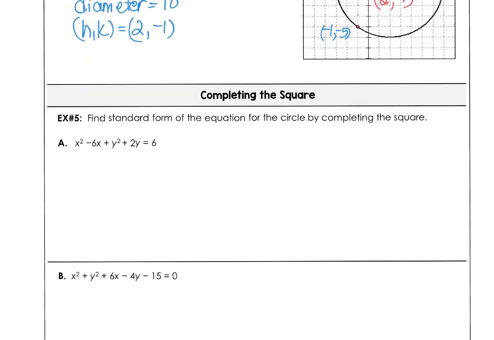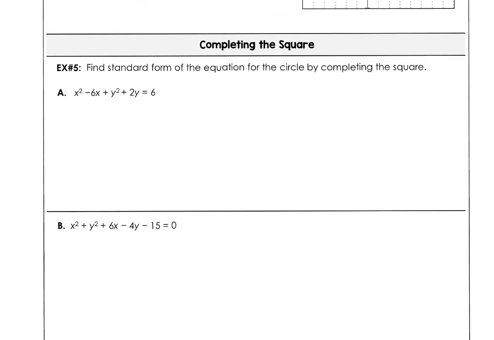Example 5, you want to find the standard form of the equation for the circle by completing the square. So similar to our parabola, we want to set up x squared minus 6x, and then take half of 6, that's 3. 3 squared is 9.